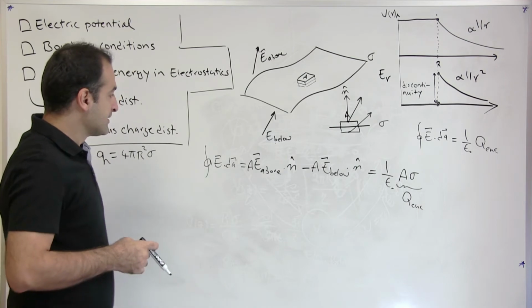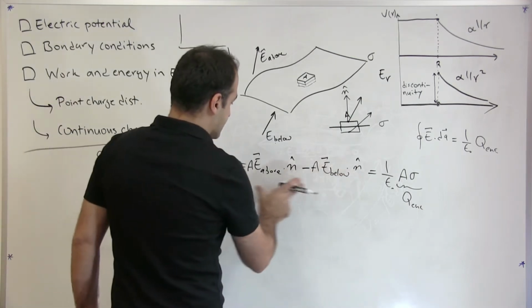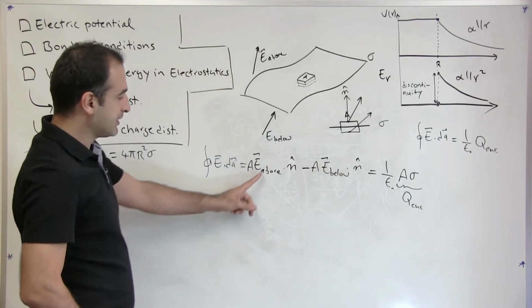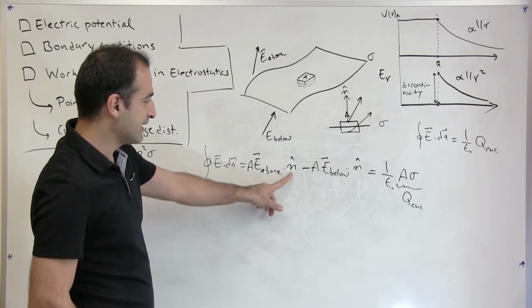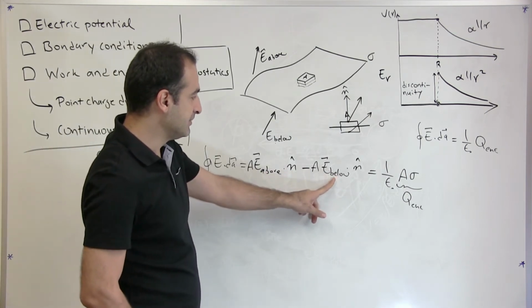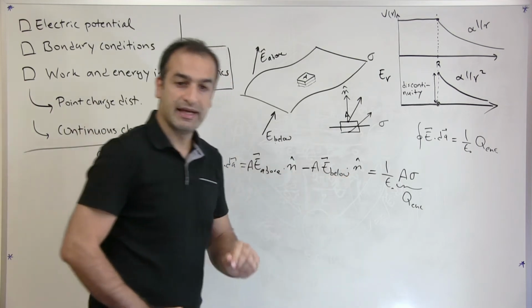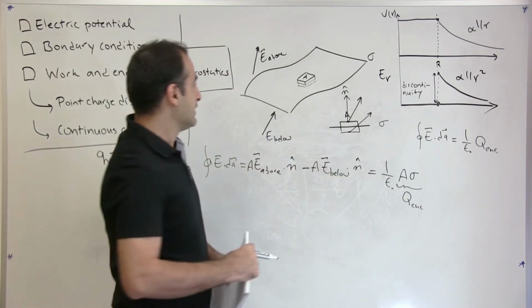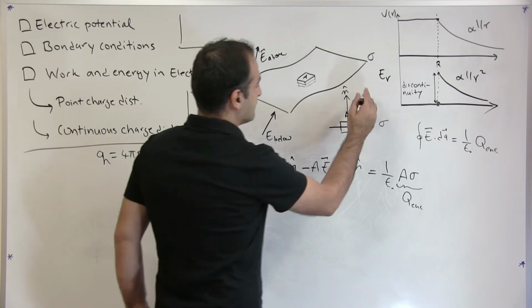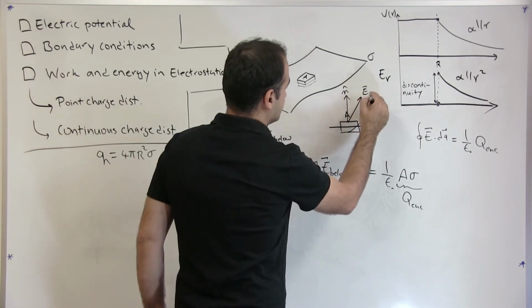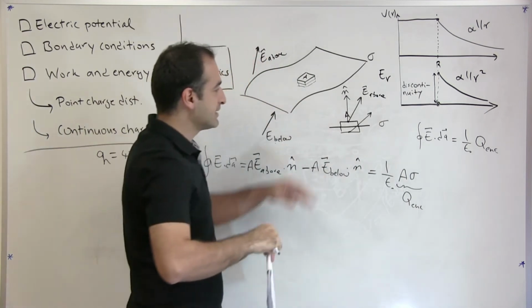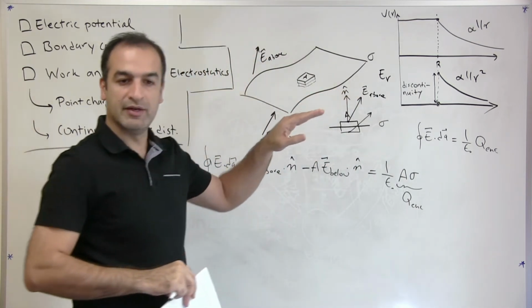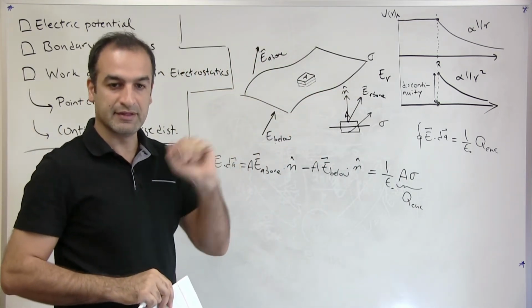Okay. So I'm going to simplify this a little bit. I'm doing the dot product of E above times n hat and the dot product of E below times n hat. And what counts, if you do the dot product, is only the normal component of the electric field to the surface.